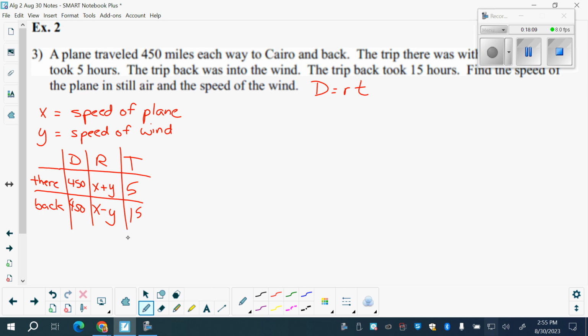So we're using this formula, distance equals rate times time.